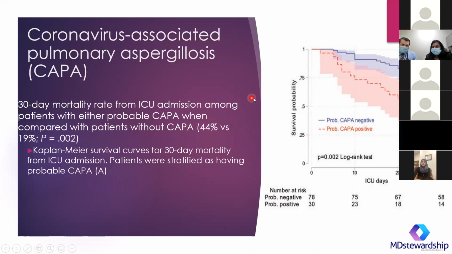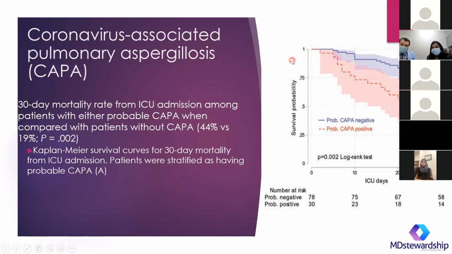And in this graph, what it basically shows is that if you had COVID-19 plus aspergillosis, then your mortality was much higher compared to if you had COVID-19 and didn't have aspergillosis. Right.